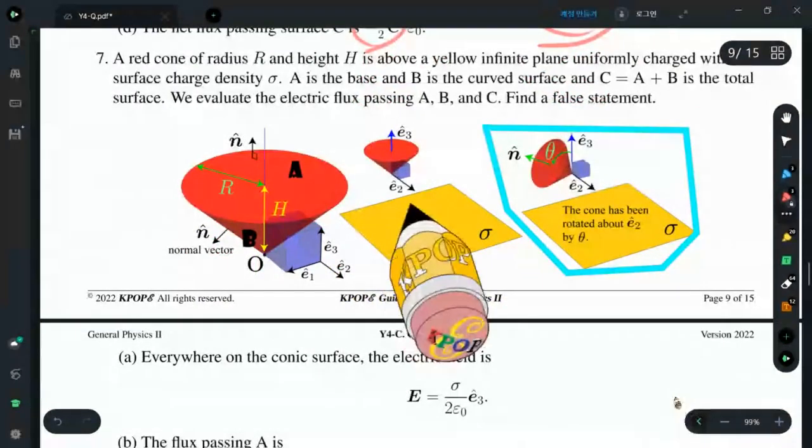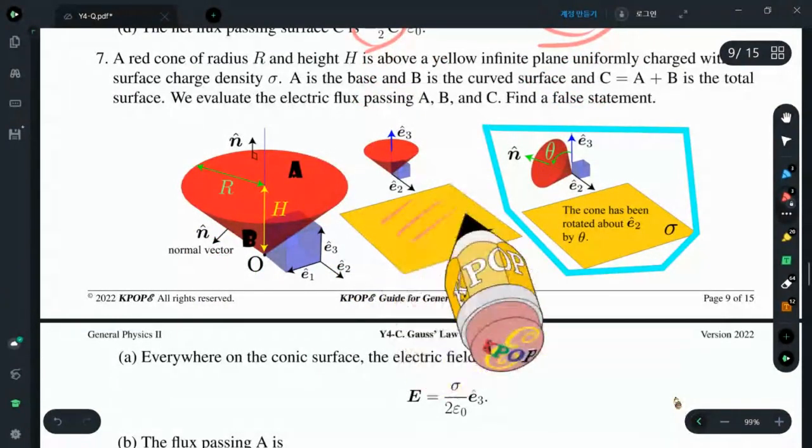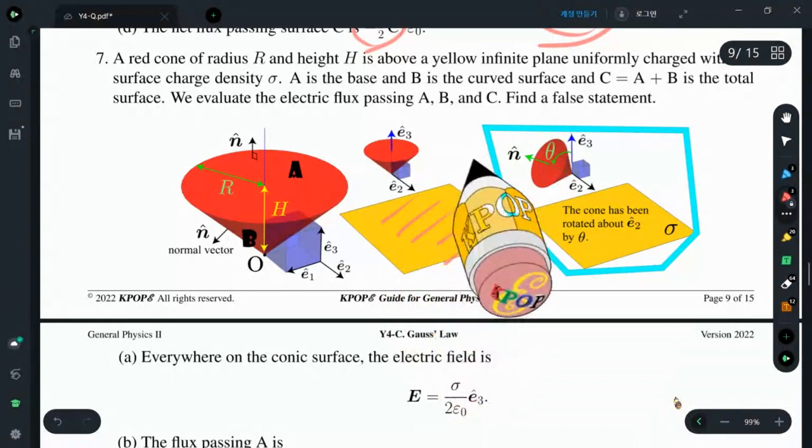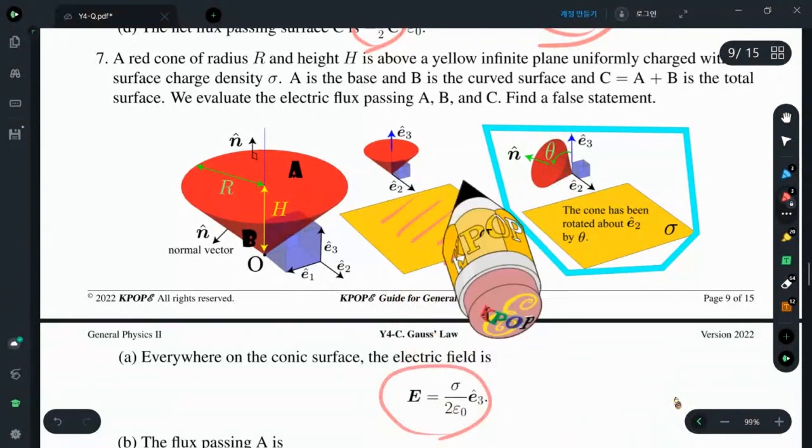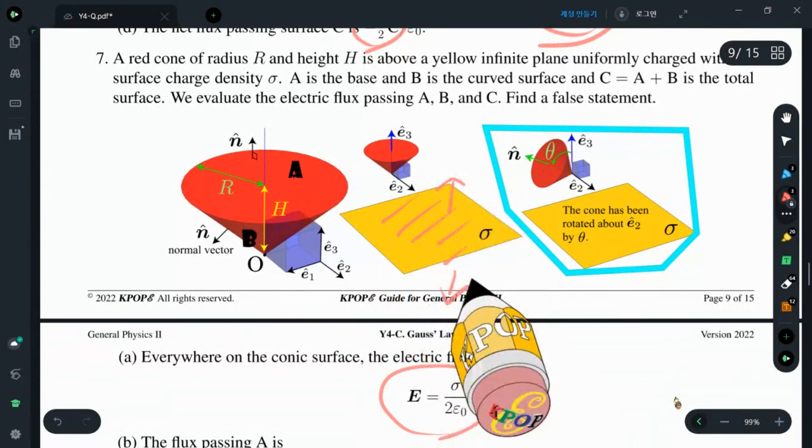Next, we have a uniformly charged surface. The electric field is this one, up and down.